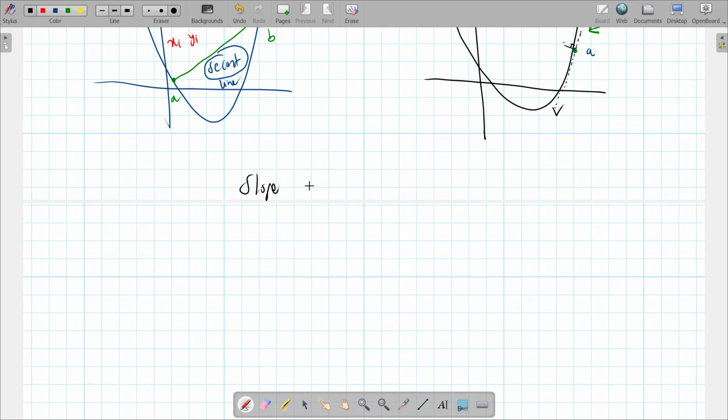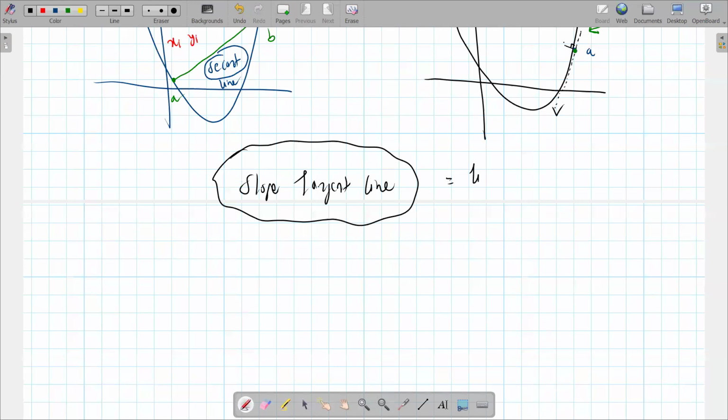So for the slope of a tangent line, what we do is we use the limit method. This is also called the difference quotient. We'll do a bunch of these examples in a bit.